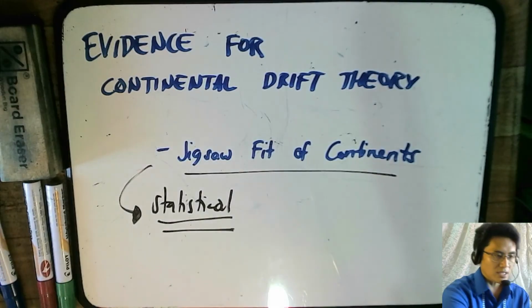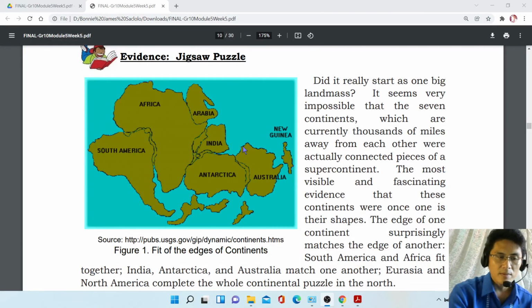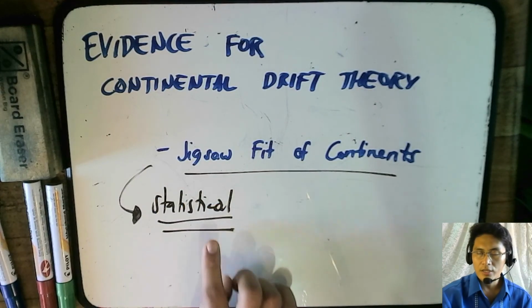Okay, so that was the first evidence: the jigsaw fit of the edges of the continents, not just a trick, not just forcing the issue, but really backed up by some statistical treatments.